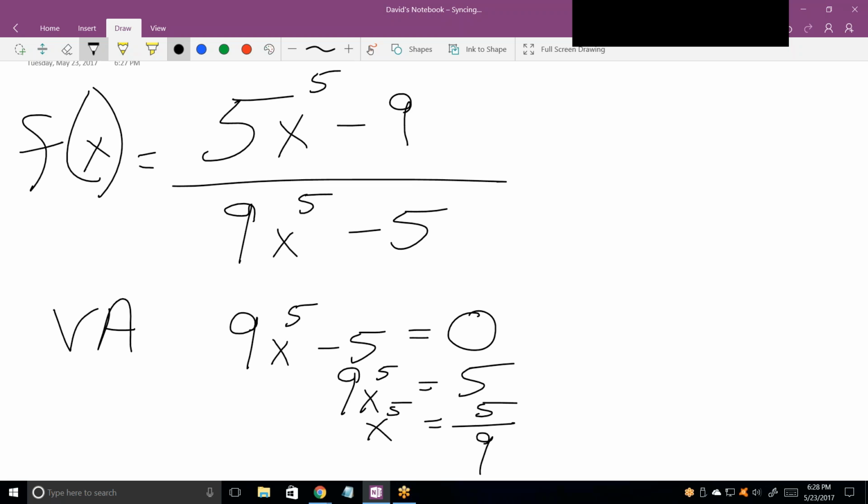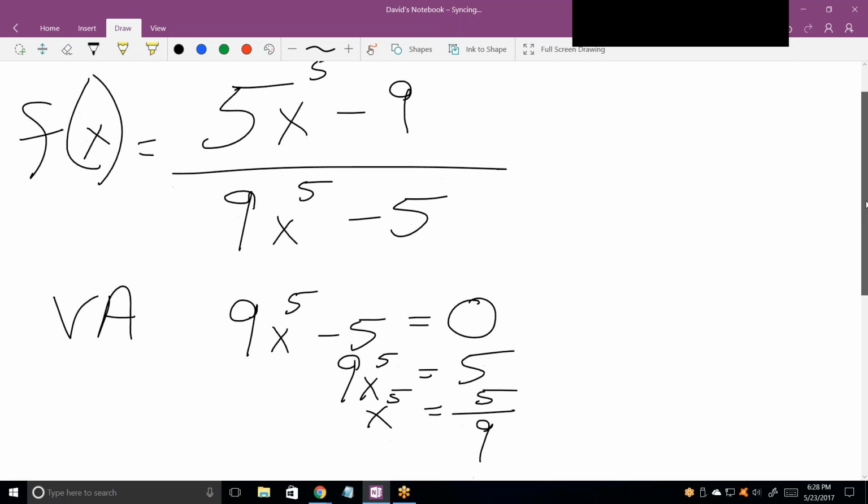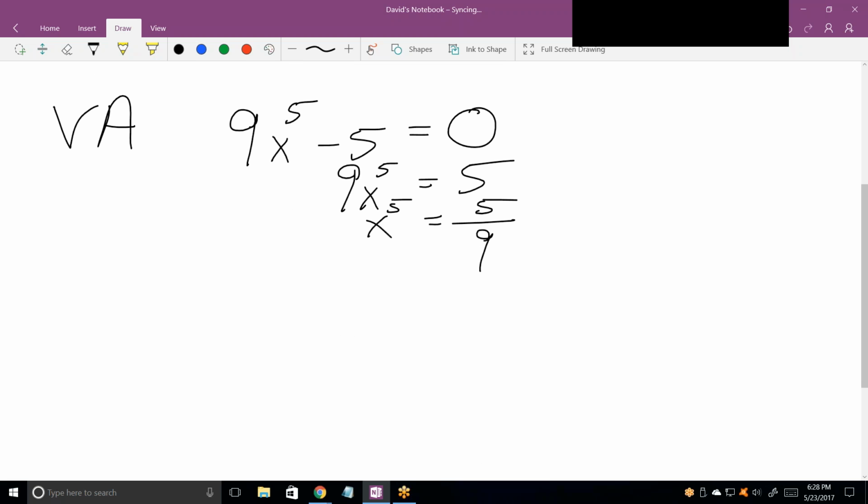What's x equal to? The 5th root of 5/9. And it is not plus or minus. It is the positive 5th root of 5/9. And is that because 5 is odd? Yes.